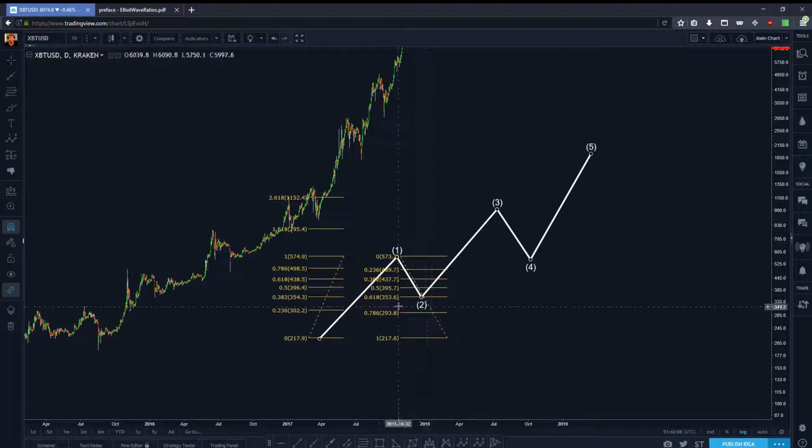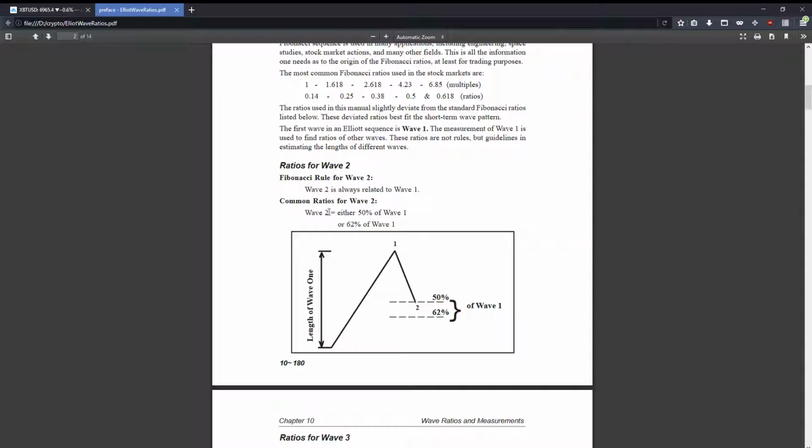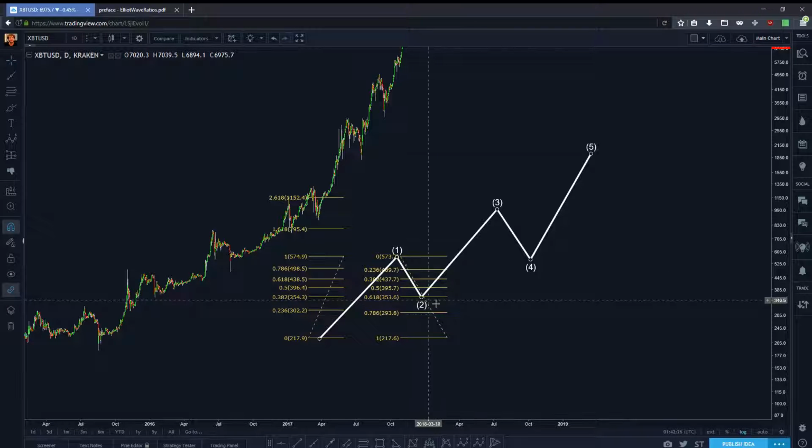And what we're looking for is a 0.618 or a 0.5 retrace. Remember, the 0 has to be on the top, the 1 at the bottom if we're calculating retracements. So 50% or 62%. Looks like I drew this bang on, but yeah, 62% is there, and that's a valid retrace. If the price starts moving up from there, we can say that we have wave 1 and wave 2.